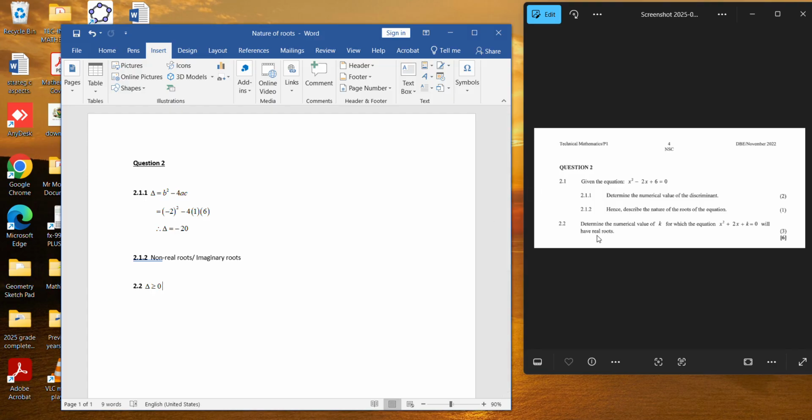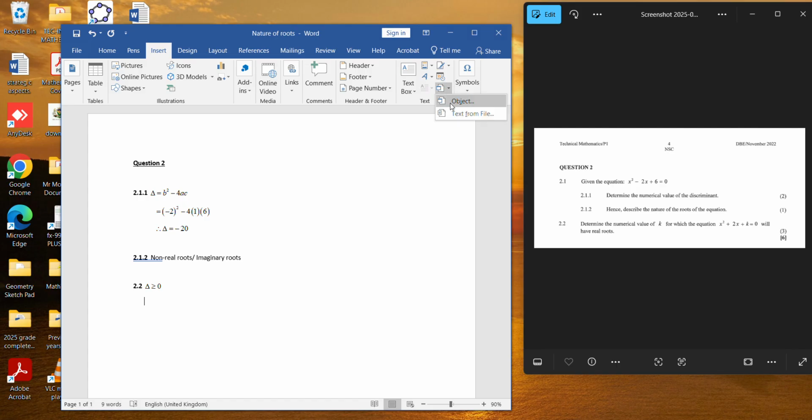We are taking these words, real roots, and we are writing that in an equation to say, for us to have real roots, delta must be greater than or equal to 0. Then what is delta? From this equation here, we understand that delta is equal to b squared minus 4ac. Where we see delta here, we are going to write what is equal to delta.